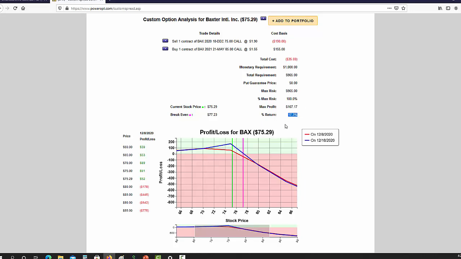One disadvantage of this position, set up in the structure that we're looking at, is that at the start, the short call here is in the money, not out of the money as our short put was. Yes, if the stock falls, it would eventually be out of the money. But if the stock wavers around the 75, 76 price and we're short the 75 call, remember, we can be assigned at any time.